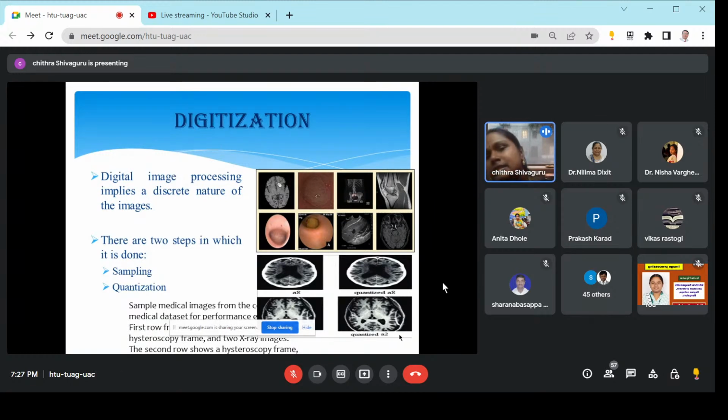That is the next step, digitization. There are two steps in this. It is done with sampling and quantization. Sampling means whatever large data set we have gained is going to become the sample for the next step. Quantization means you are going to give it a bit format for the next process.